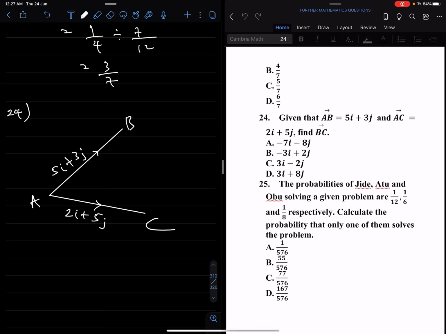Now we want to find BC, and that's in this direction.